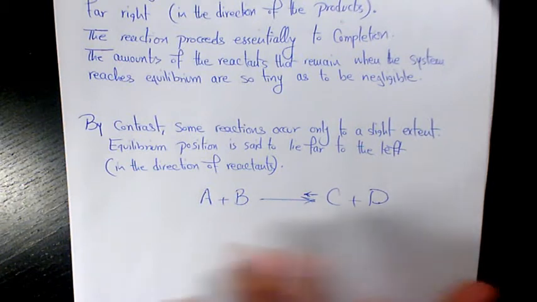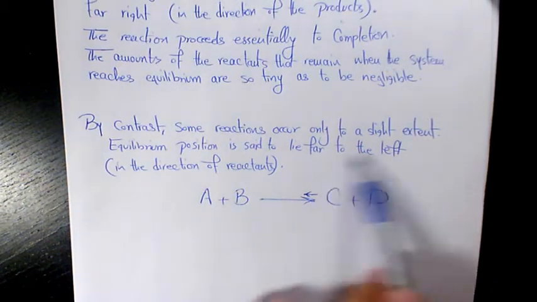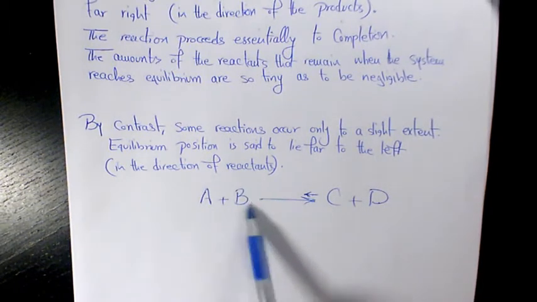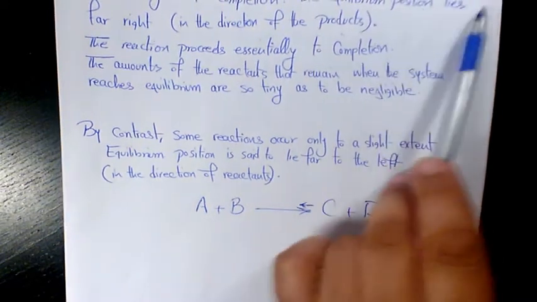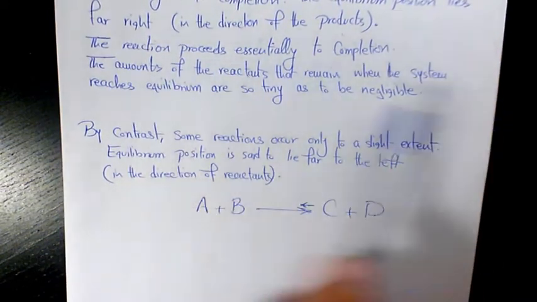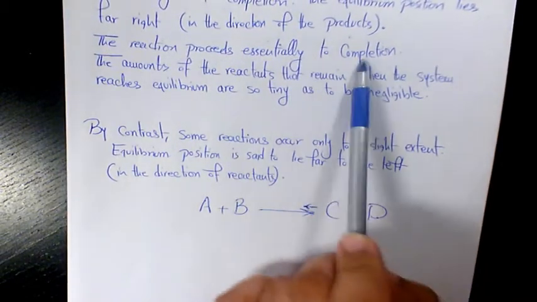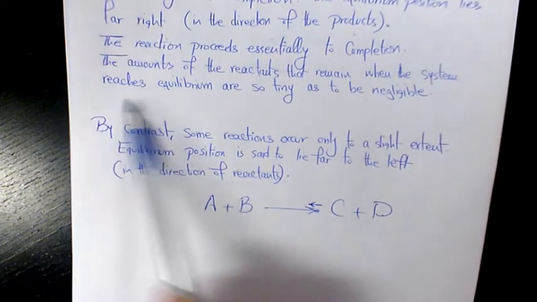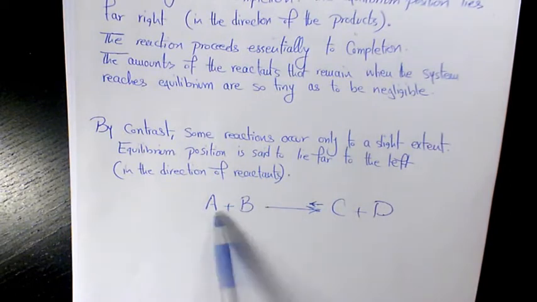So once we get chemical equilibrium, we have more concentration of products compared to the concentration of reactants. In this case, we say the equilibrium position lies far to the right, in the direction of products. The reaction proceeds essentially to completion, and the amount of reactant that remains when the system reaches equilibrium is so tiny that we assume it is negligible.